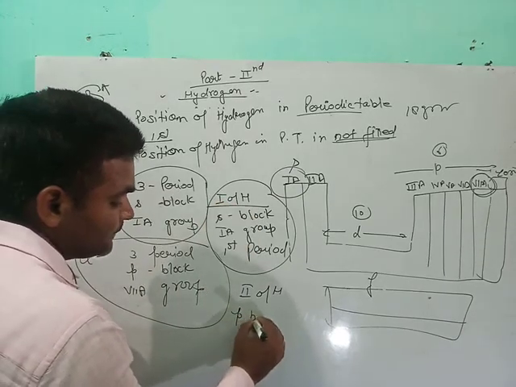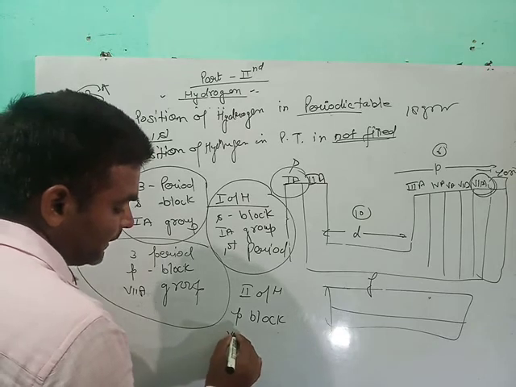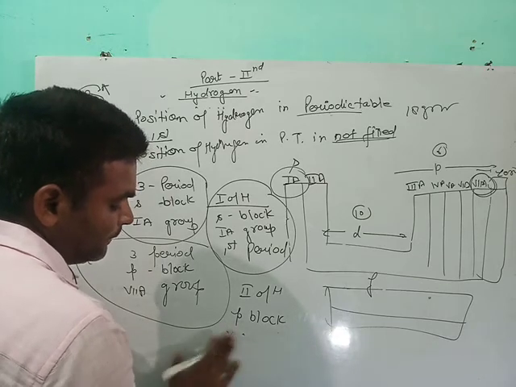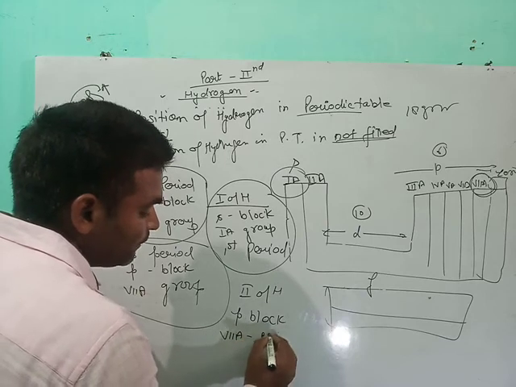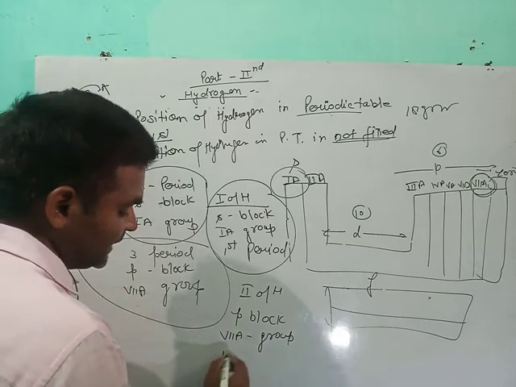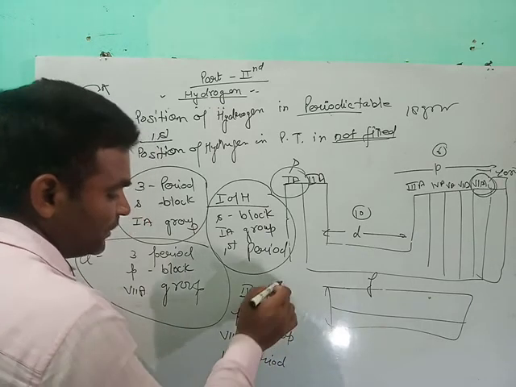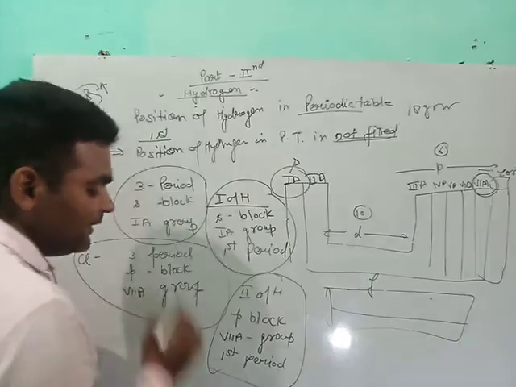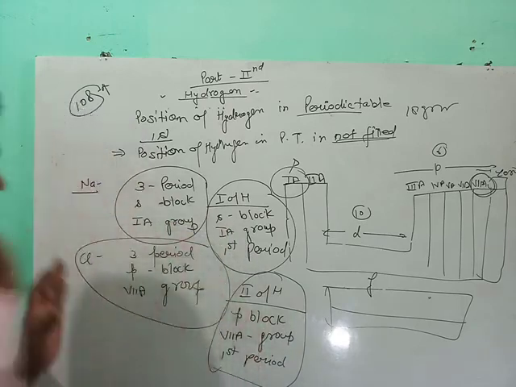This is the first position of hydrogen, and the second position of hydrogen is the p block, seventh A group, and first period. So it is clear from this explanation that hydrogen has two different positions.